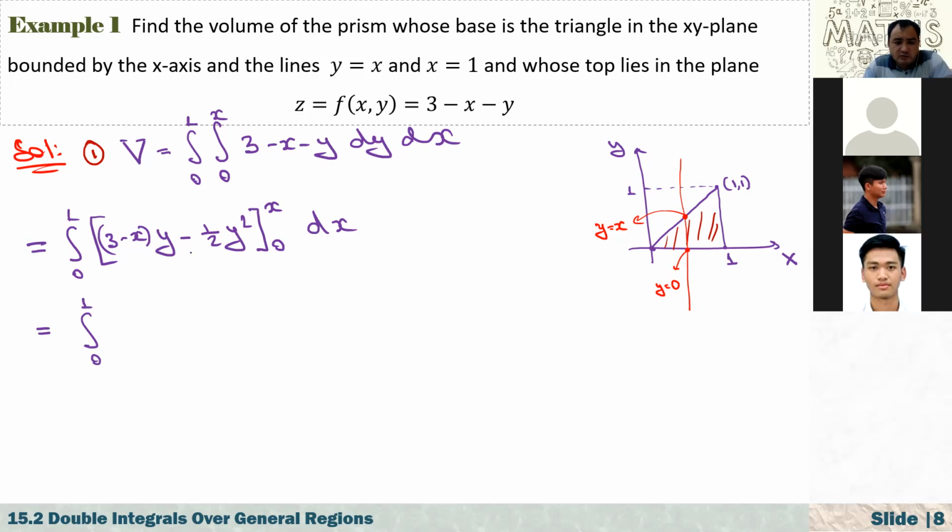At y equal to 0, every term contains y, so that's equal to 0. With y equal to x, we have 3 minus x times x minus 1 over 2 x squared dx.